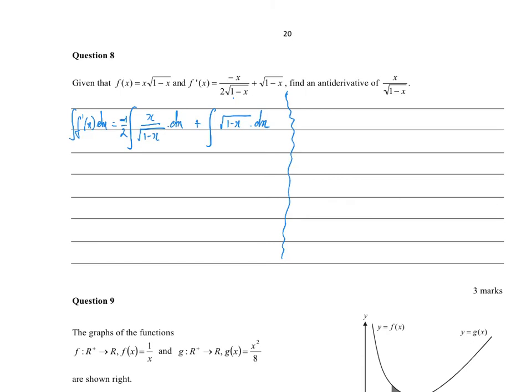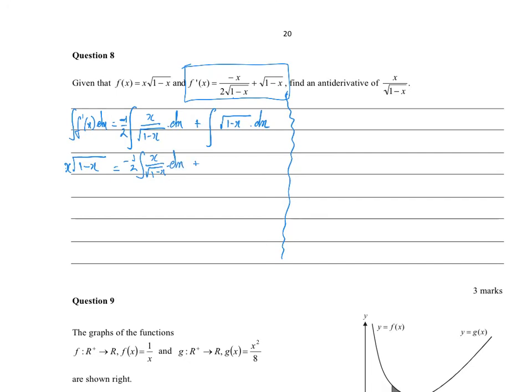So all I've done is take an antiderivative of everything here on both sides, because now the antiderivative of f dashed of x is f of x, so I get x square root of 1 minus x is equal to negative a half of the antiderivative of x over the square root of 1 minus x dx, plus the antiderivative of the square root of 1 minus x dx.